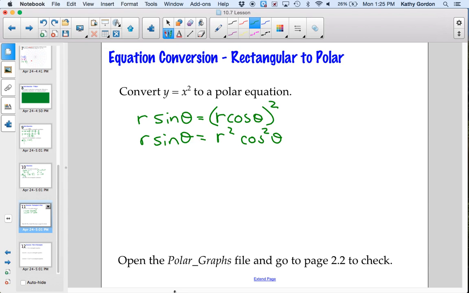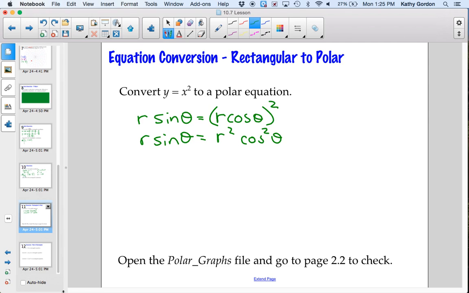Now, if you really want to get this into a polar equation, polar equations generally go opposite of rectangular. Rectangular is usually x comma y, but our equations are usually all y equals something. With polar, it's the other way. We usually go r comma theta, but our equations are always r equals something.